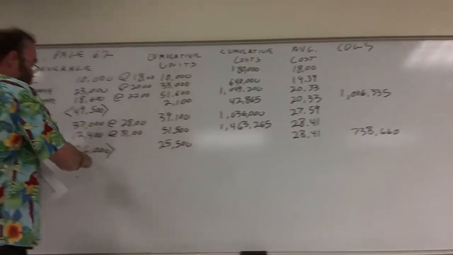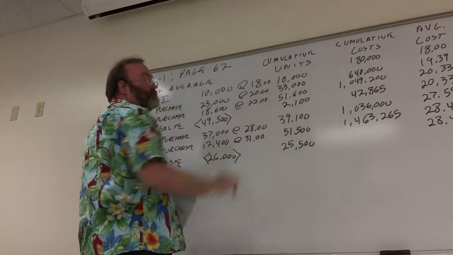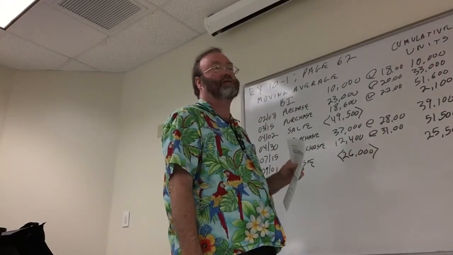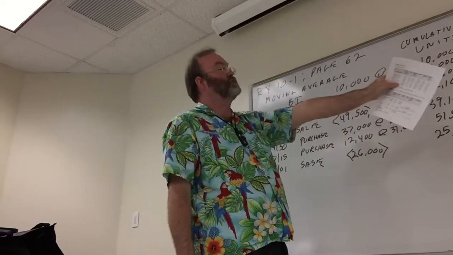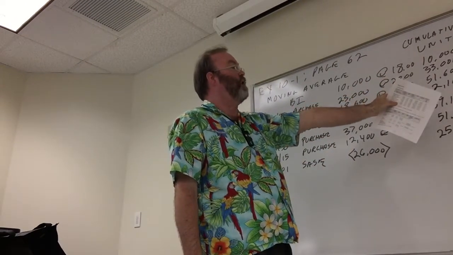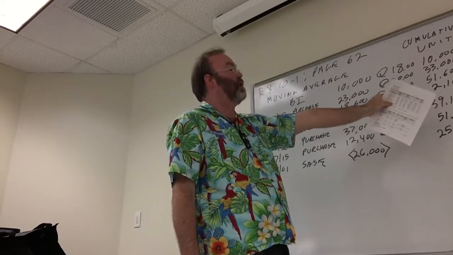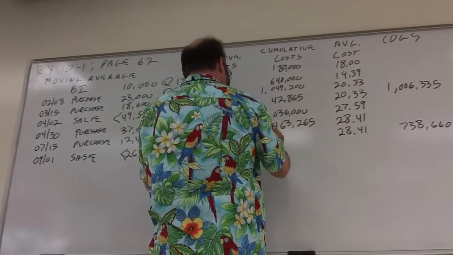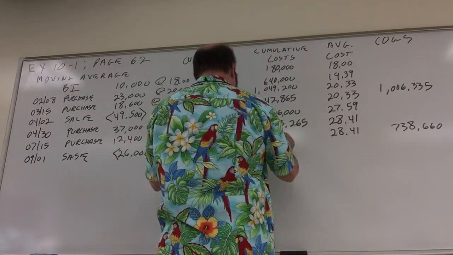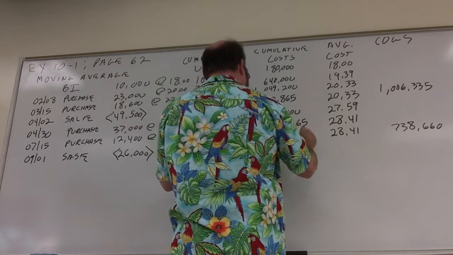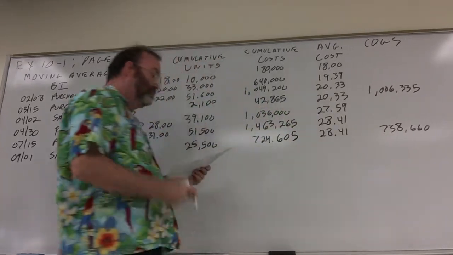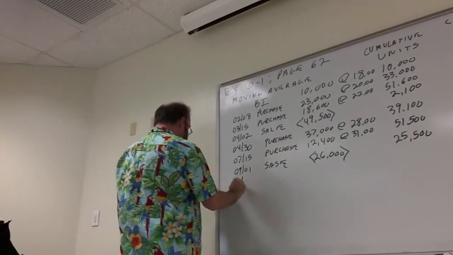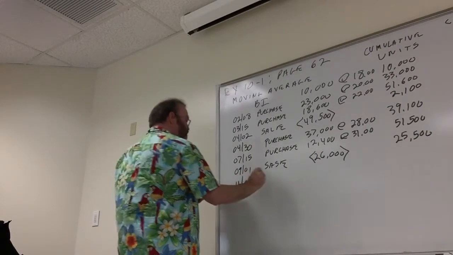And that's just the 26,000 times the average cost per unit of $28.41. Subtract the $738,660 from our previous cumulative cost of $1,463,265, and we now have $724,605 in cumulative costs.